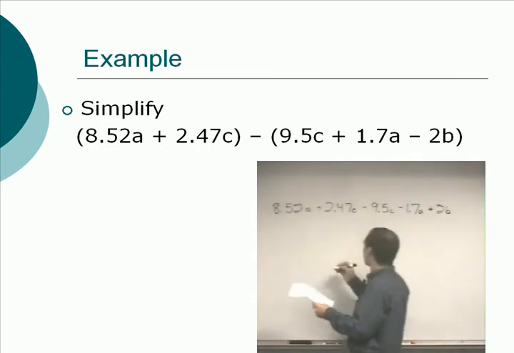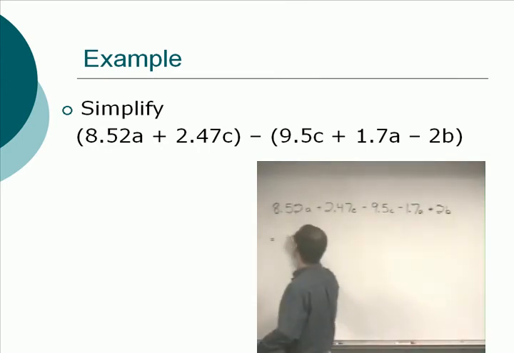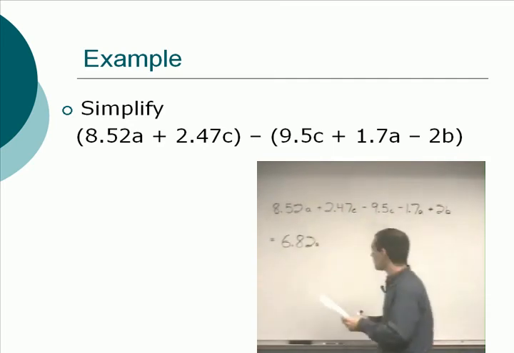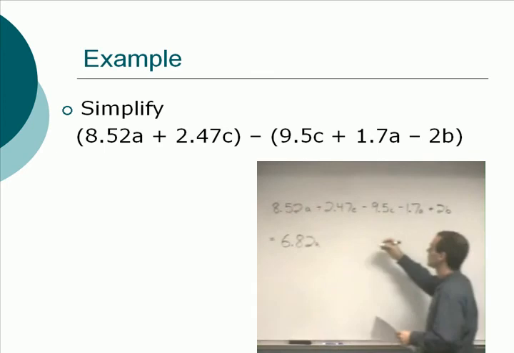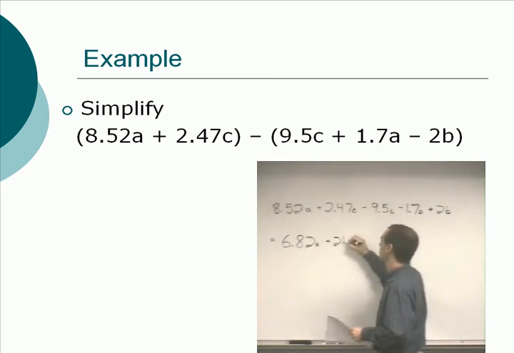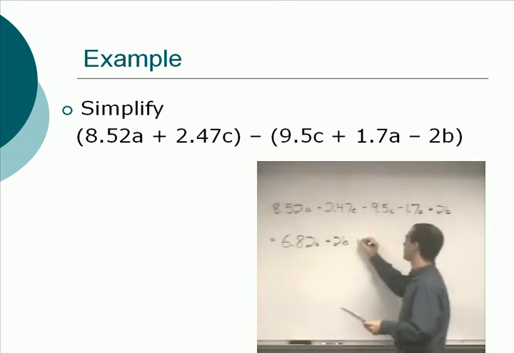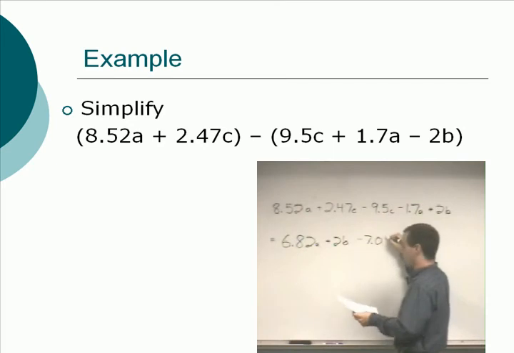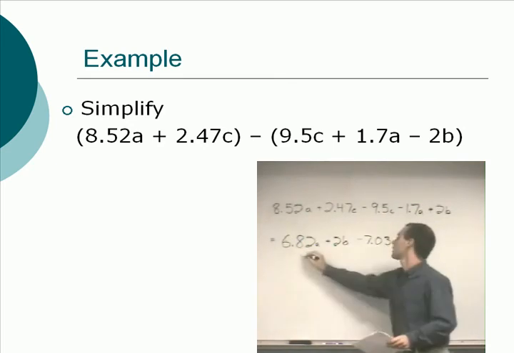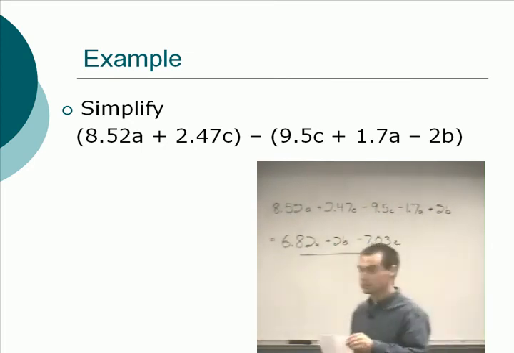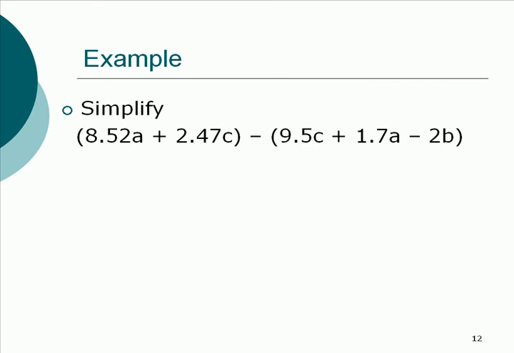So we end up with 6.82a. B's, we've only got the 2 b's, so plus 2b. And finally, 2.47c minus 9.5c leaves us with negative 7.03c. And we've got that one simplified. Distribute, combine like terms. Okay.